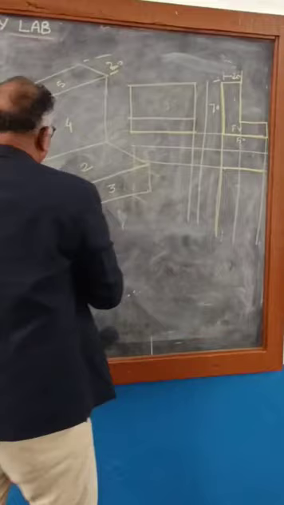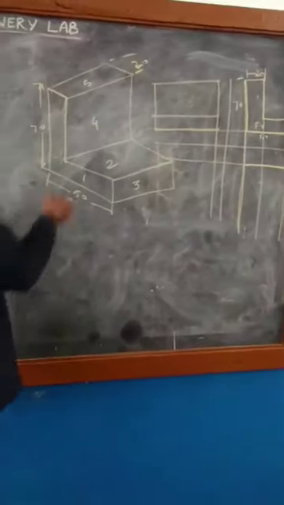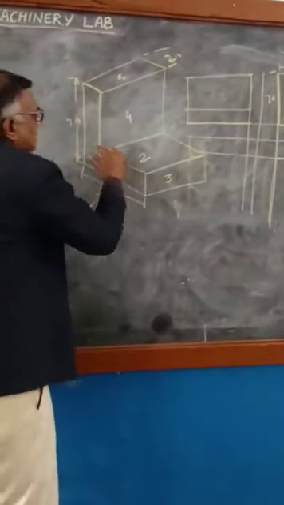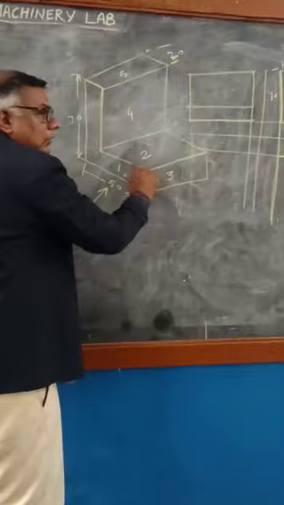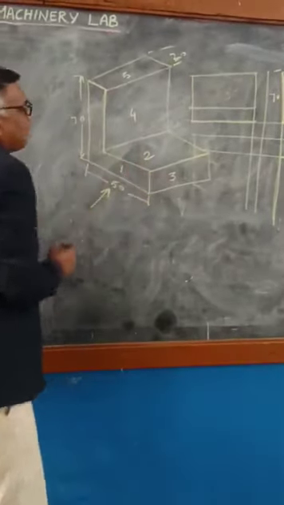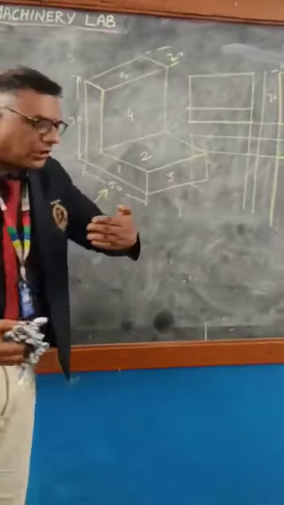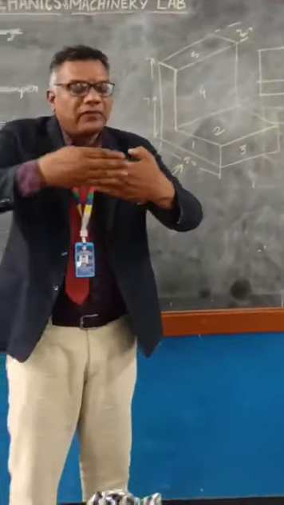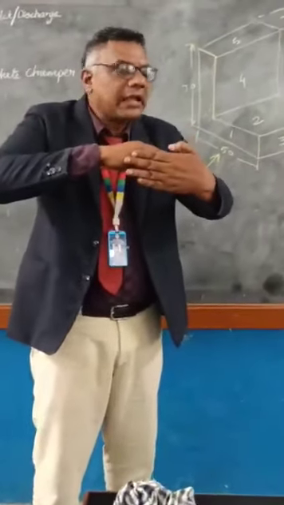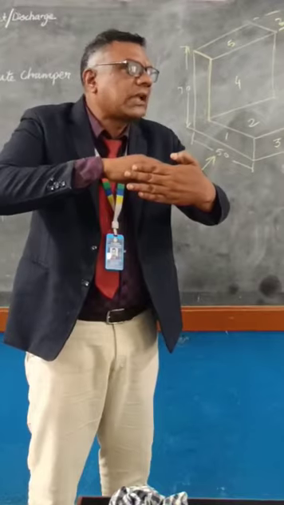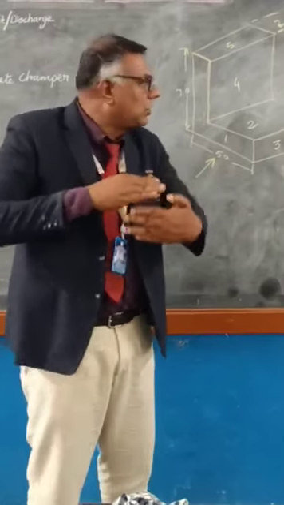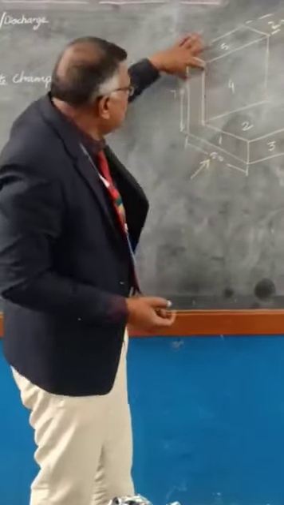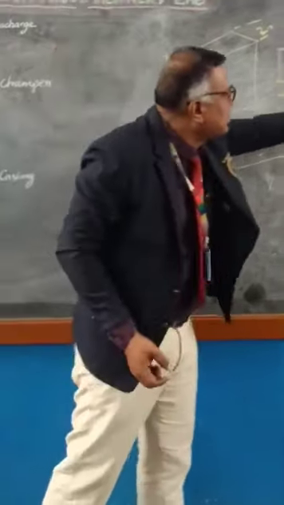So now while seeing this, this projection will be this one, which will be visible. Assume it is part 1 and this is part 2. So part 2 is hidden behind part 1. Part 2 is not visible, so only this part is visible. So make it the first one.